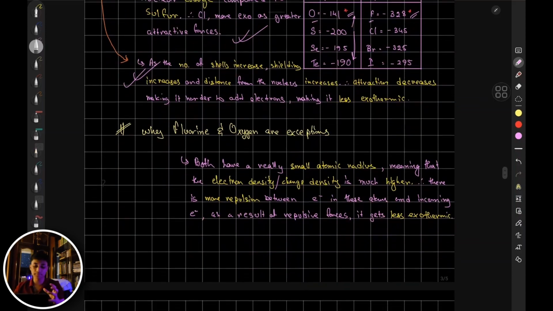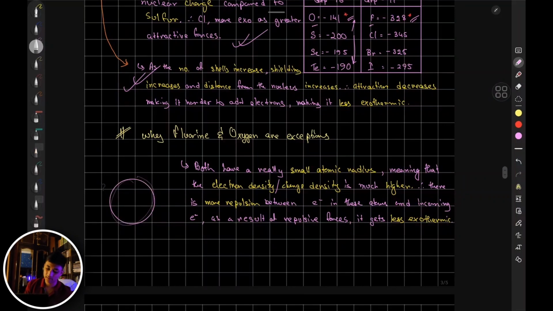Why? Because for oxygen, let's say, it has 6 electrons, right? So 1, 2, 3, 4, 5, 6. Now, these electrons are far more crowded and placed in a small area, which is why, since these electrons are in a smaller area, the density of these charges is greater.